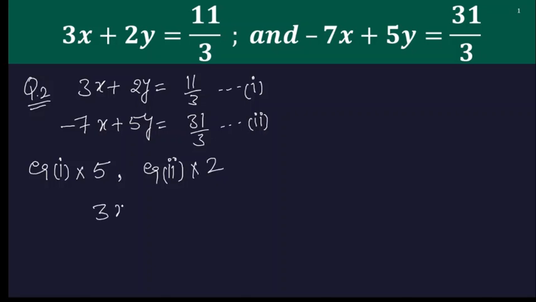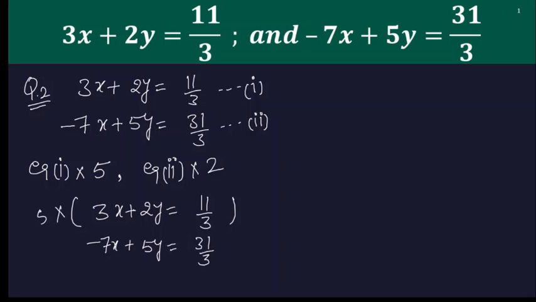again I'll write the equations, 3x plus 2y equal to 11 upon 3, then minus 7x plus 5y equal to 31 upon 3. Here this equation has to be multiplied by 5 and this equation is to be multiplied by 2. Still they are the first and second equation because now we are modifying them.